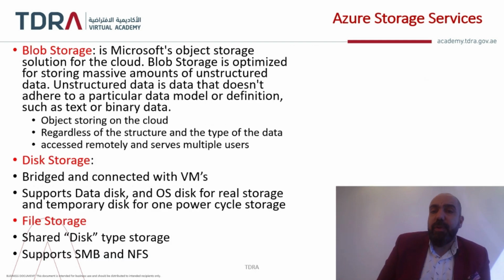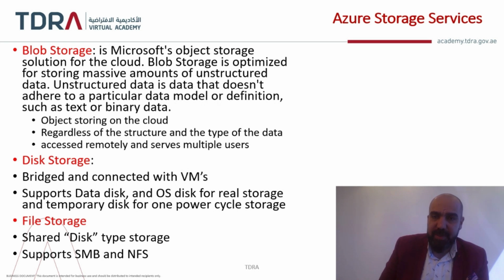When you come to the storage, as we know, we have so many types of storage in traditional IT infrastructure, like block storage, file storage, and many others. So with Azure also, you have some types of storage. The first type is called blob storage.